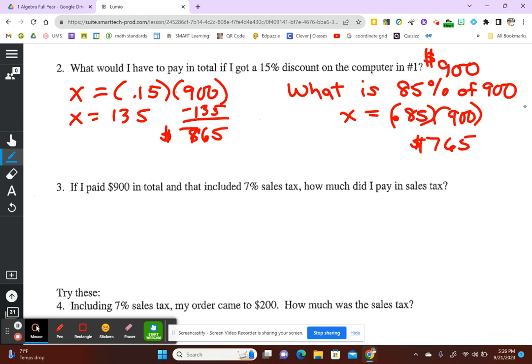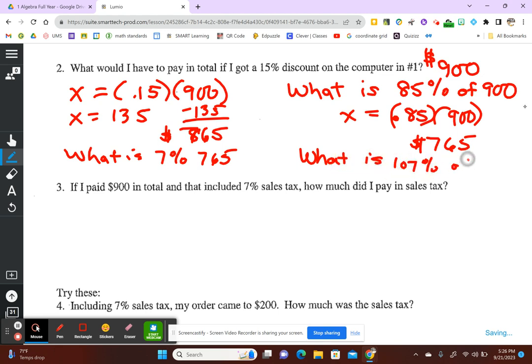And now I have to figure out what is 7% of 765. And you figure that out and you add it on. Or you say, what is 107% of 765? So if I calculate this, 7% of 765 is $53.55.